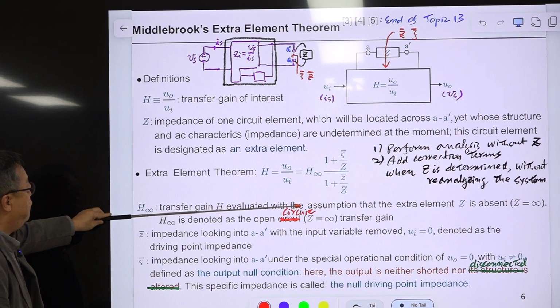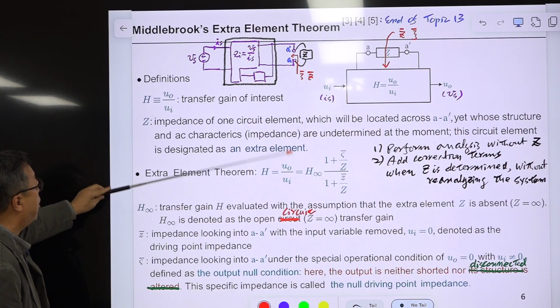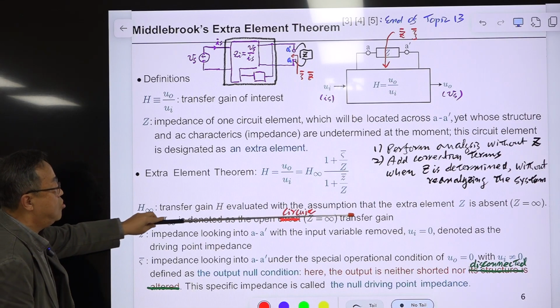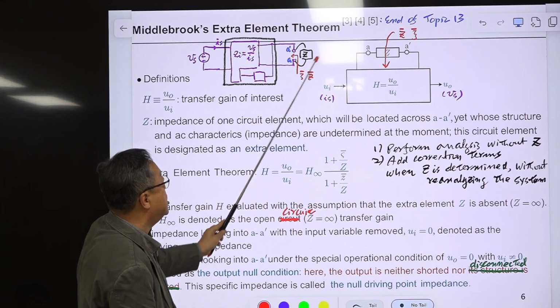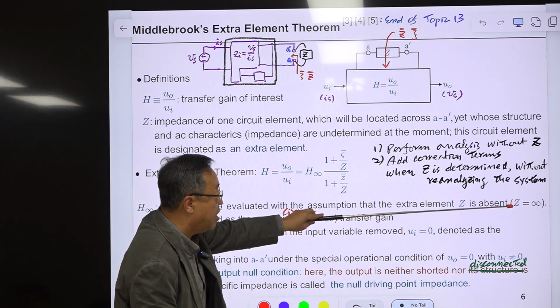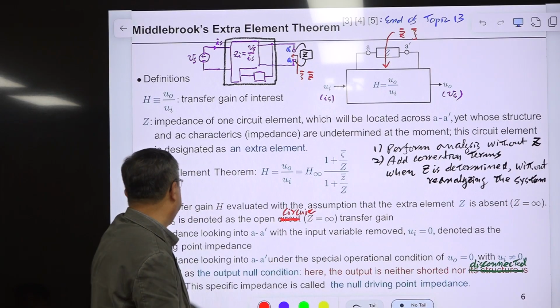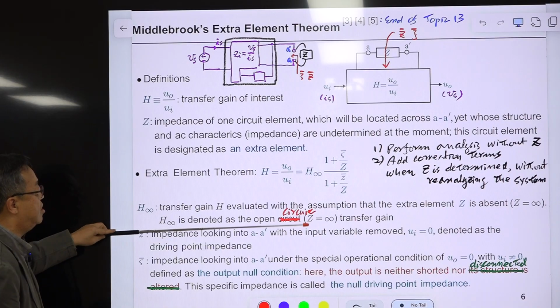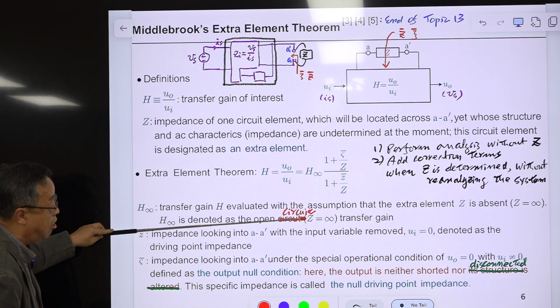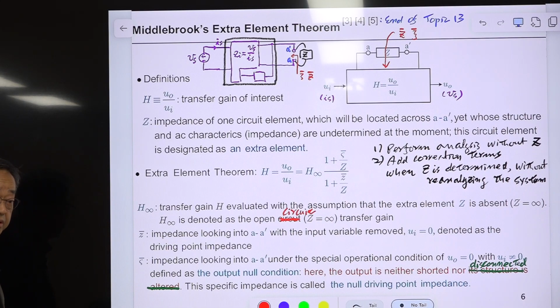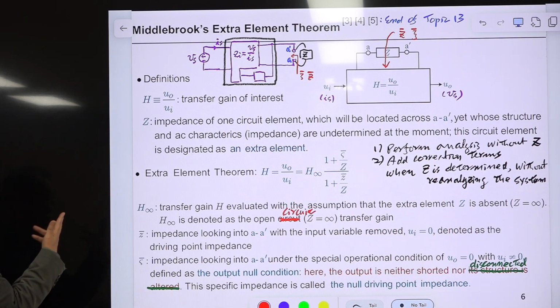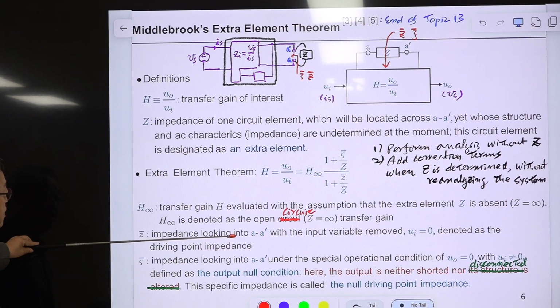H infinity is the transfer gain of H, evaluated with the assumption that the extra element G is absent, not present. G equals infinity, and H infinity is denoted as the open circuit transfer gain. And we need to evaluate two transfer functions. One is G bar.